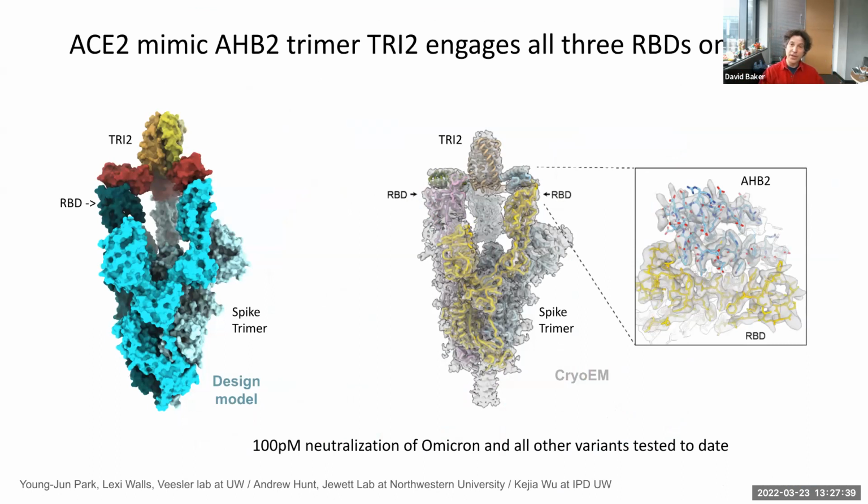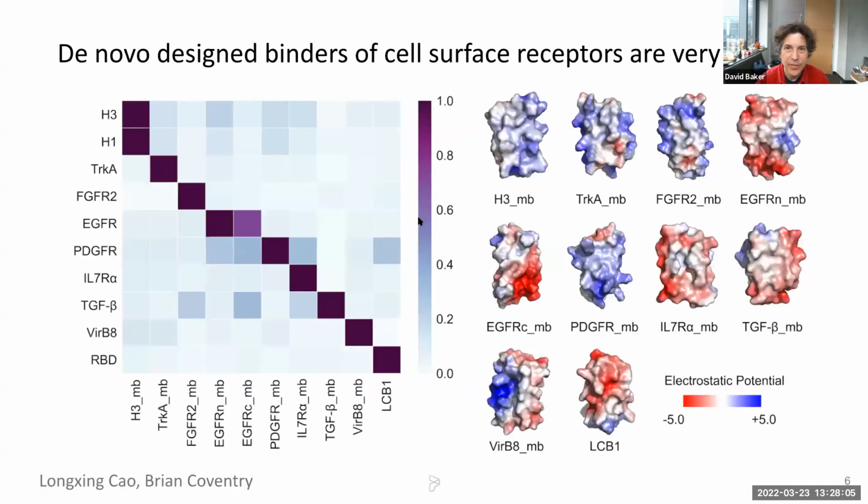This protein is a very potent inhibitor of both wild-type coronavirus and all the strains that have been tested so far, with 100 picomolar neutralization of Omicron and the other variants. It's also quite effective in animals when administered intranasally. This is now in preclinical studies, and we're hoping it will be in clinical trials by the end of the year.